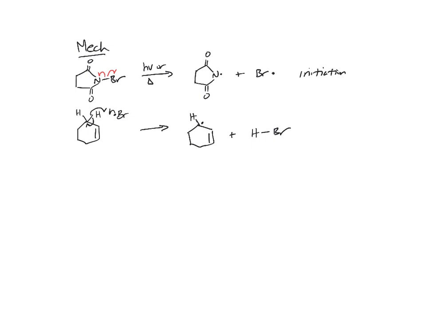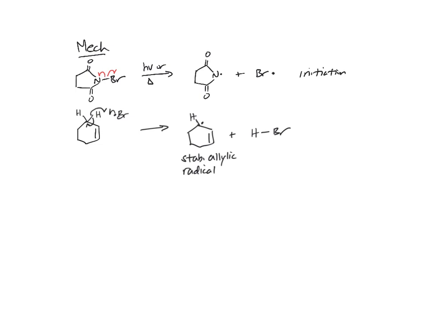Now this radical is pretty stable. It's a stabilized radical. It's called an allylic radical. And as we showed earlier, you can stabilize it by resonance. So putting your radical allylic, if you can, is a really good choice because you can draw resonance structures and spread that radical character around.